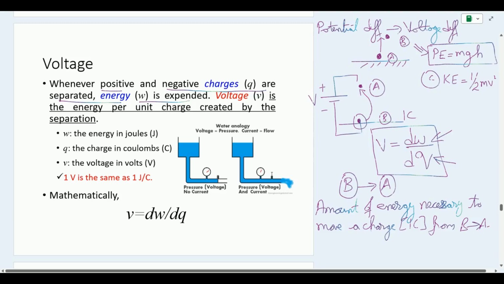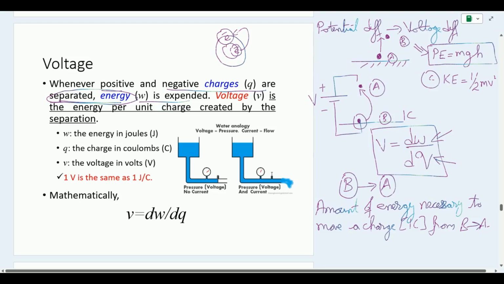In the beginning, we saw the atomic model, let's say this is one orbit, and this is the other orbit, and we have one electron over here, and we apply a certain amount of energy to move this electron from this orbit and bring it to this orbit. So this is basically how the charges are separated from their own orbit and moved to another orbit. This is what it means by separation of charges.